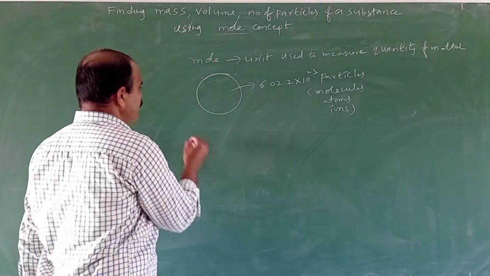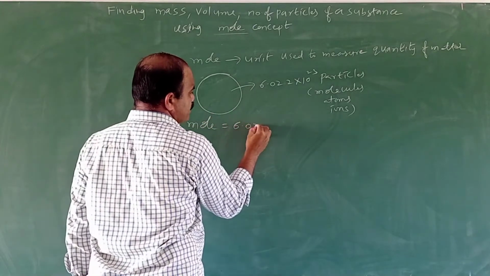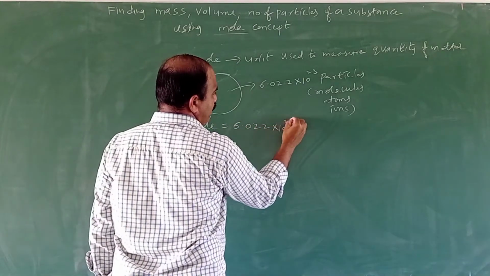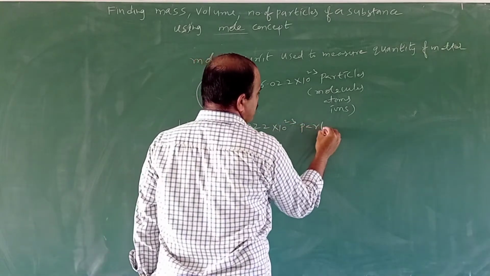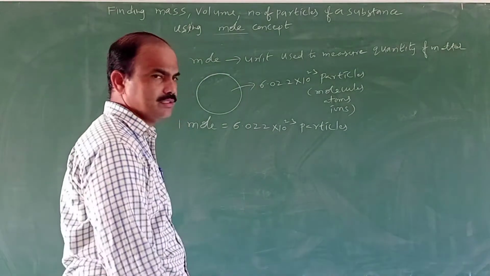So 1 mole equals 6.022 × 10^23 particles, whether molecules, atoms or ions.